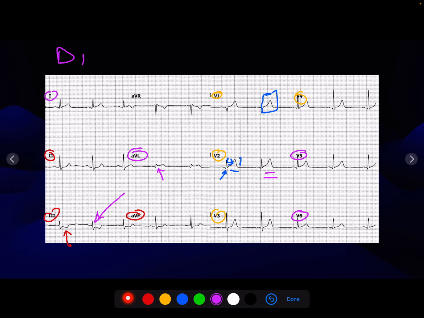And this is somebody, again, who needs to go emergently to the cath lab. All of what I just mentioned is a little beyond the scope of this video, and the point of this video really is being able to identify these hyperacute T waves and these T wave anomalies.